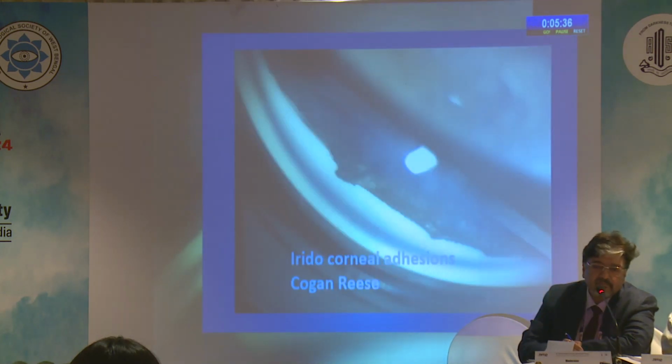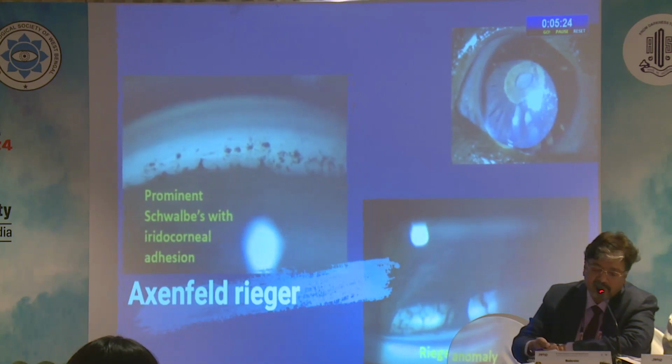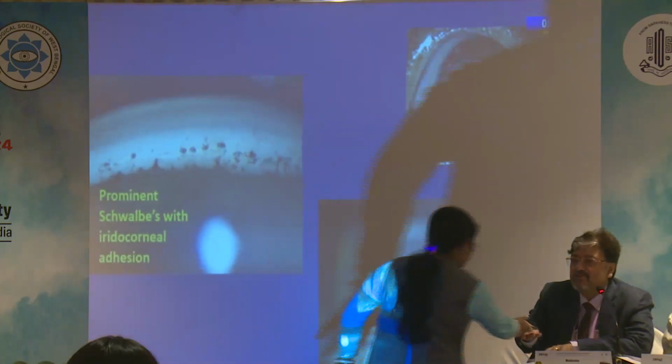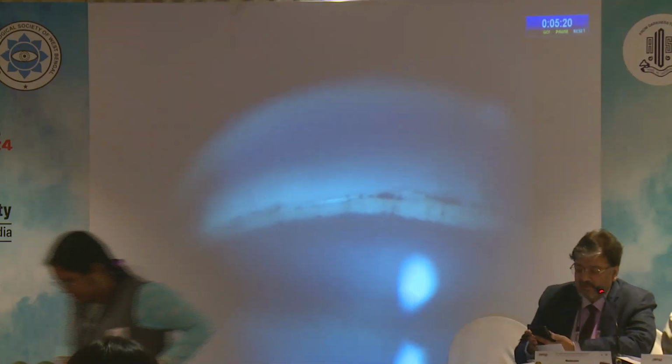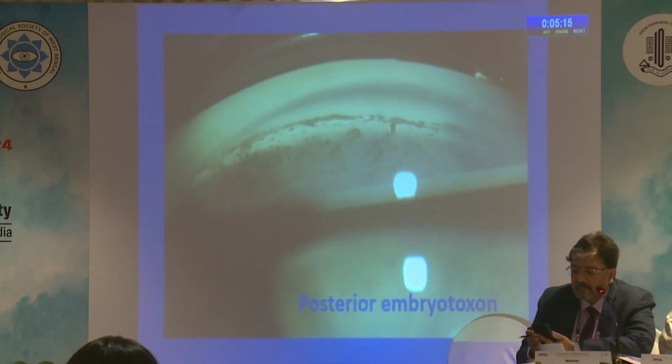Cogan-Reese variant showing the nodular pigment and iridocorneal adhesions. In cases of developmental glaucoma, Axenfeld-Rieger syndrome, where we see peripheral large iridocorneal adhesions, iris stromal thinning, and holes. Here we are seeing the posterior embryotoxon, which is the anteriorly displaced Schwalbe's line seen in cases of Axenfeld-Rieger.